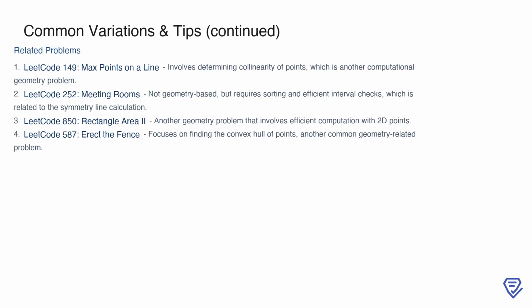LeetCode 850, Rectangle Area 2, is a geometry problem that focuses on efficient computation with two-dimensional points, and LeetCode 587, Erect the Fence, involves finding the convex hull of a set of points, which is another classic geometry task. Exploring these related problems can help you develop a deeper understanding of computational geometry and refine the skills needed to tackle symmetry-based challenges.